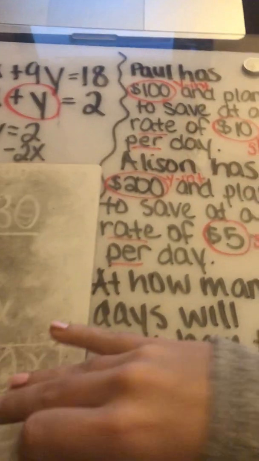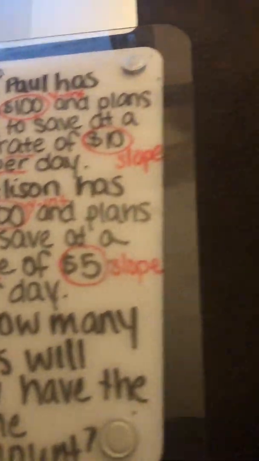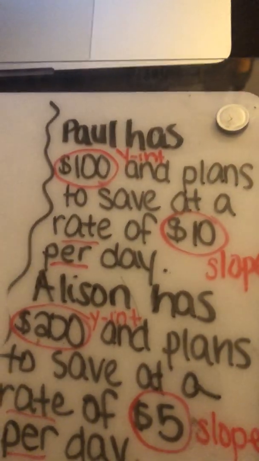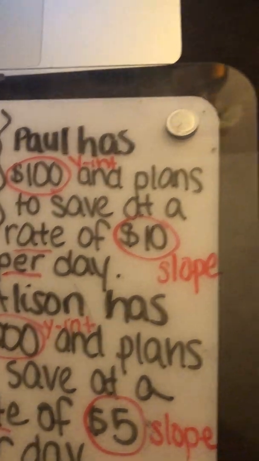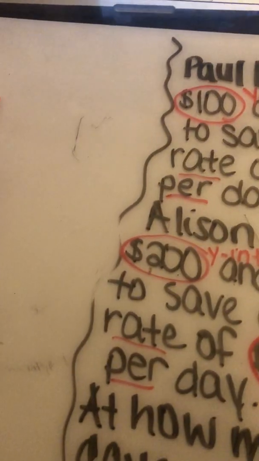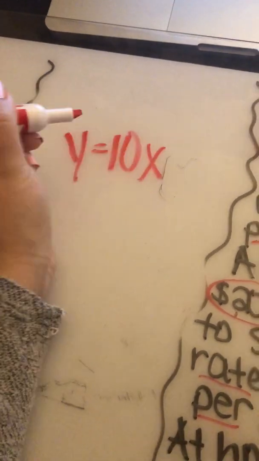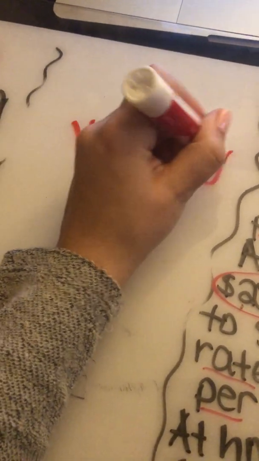So I'm going to erase because this board is very dirty. So let's see. So we would have Paul has $100 and is saving $10 per day. So that equation to me would be y equals 10 per day plus the 100 he has.